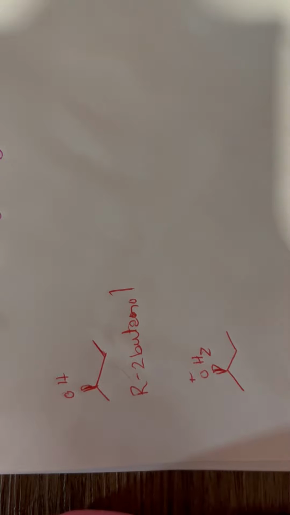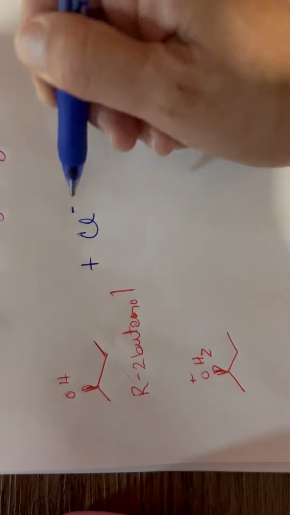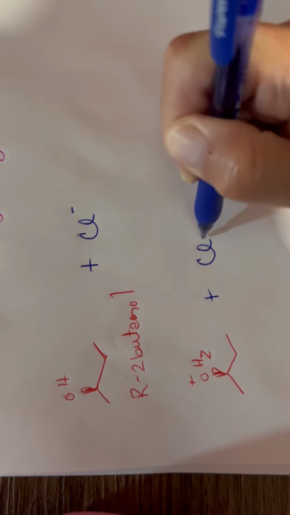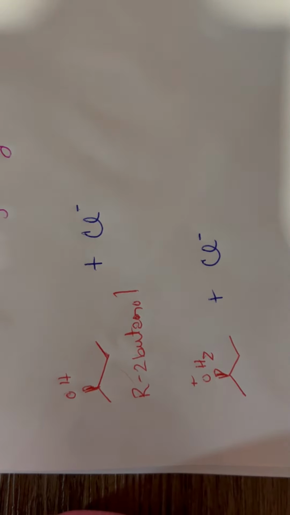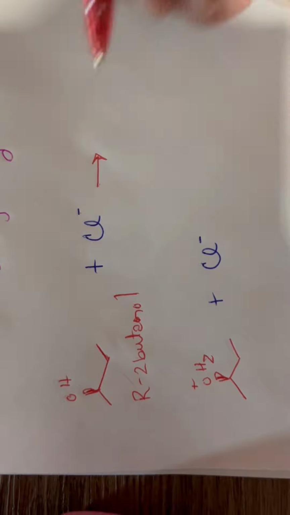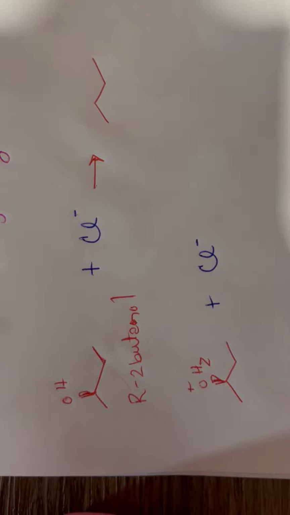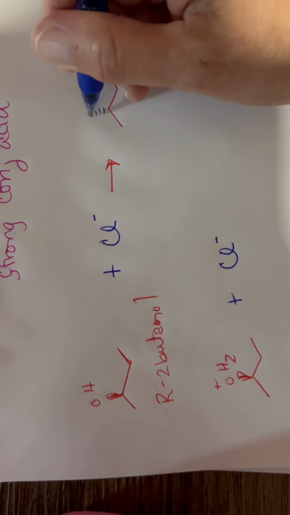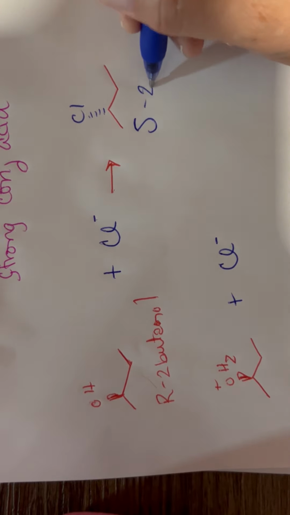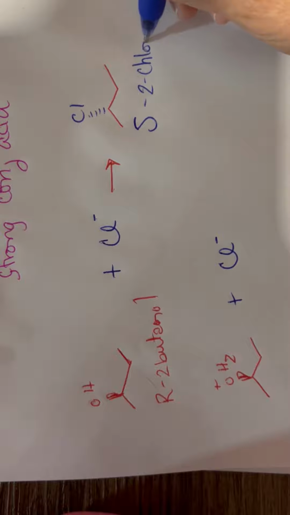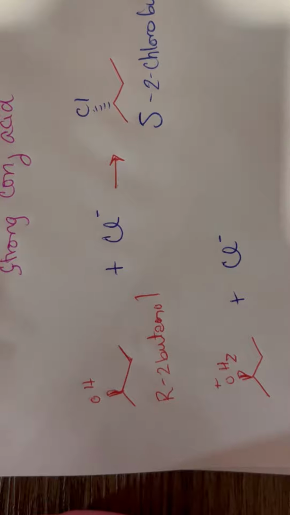Sorry, it was shaking for a moment. And we're going to treat them both with the same nucleophile, Cl-. If we look at this reaction, what we'll notice is we're going to now have 2-chlorobutane in both of them.